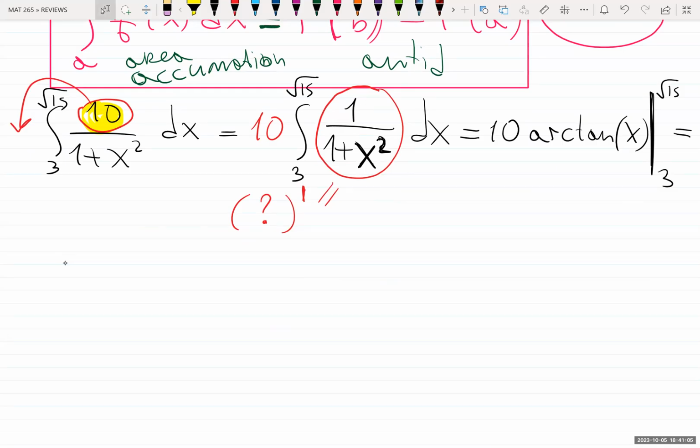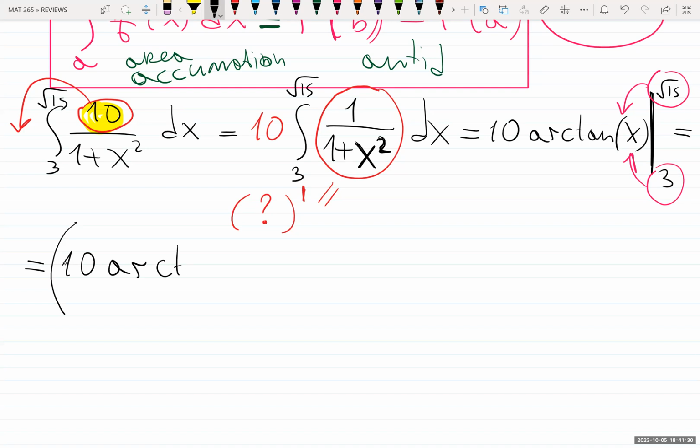So the formula says 10, and either you open these parentheses or you open these parentheses. Both are correct. Now you plug the top number minus the bottom number into the function. It will be 10 arctan. That's fine. You can write down tangent minus 1 if you want.